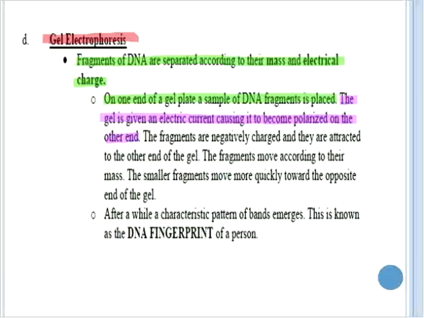The fragments are negatively charged and they are attracted to the other end of the gel. The fragments move according to their mass. The smaller fragments move more quickly towards the opposite end of the gel. After a while, a characteristic pattern of bands emerges, and this is known as the DNA fingerprint of a person.